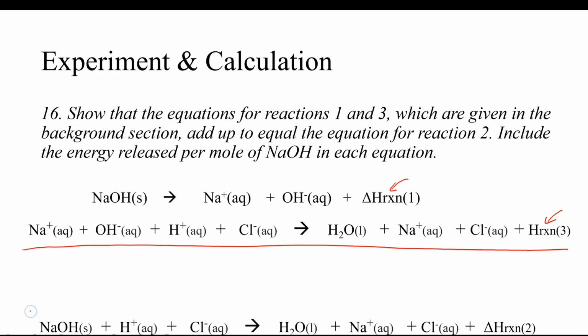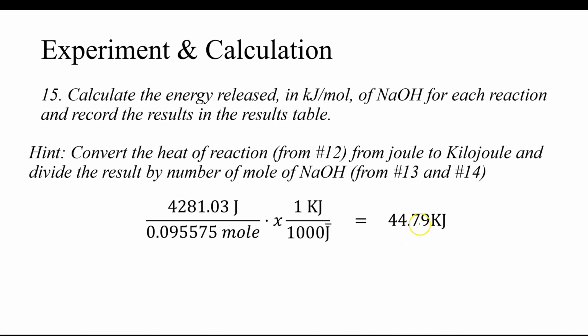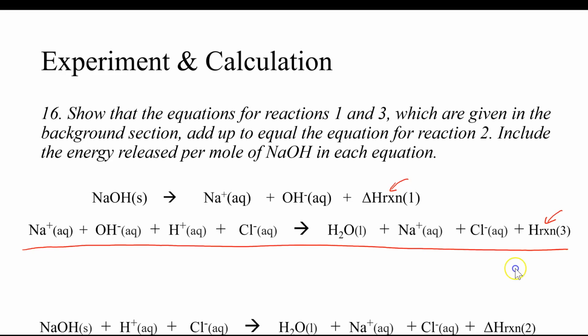For example, for me, this number will be 44.79 kilojoule. So instead of this, I will put down 44.79. And when I complete number 3, I would do the same thing. I substitute this with the actual number.